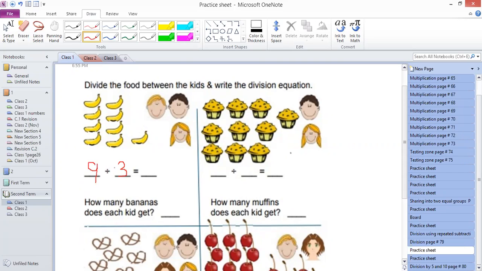Making groups. Okay. Make groups, count. 1, 2, 3. Should I make a group of 3? Yes. Then again, 1, 2, 3. Again, one group. 1, 2, 3.